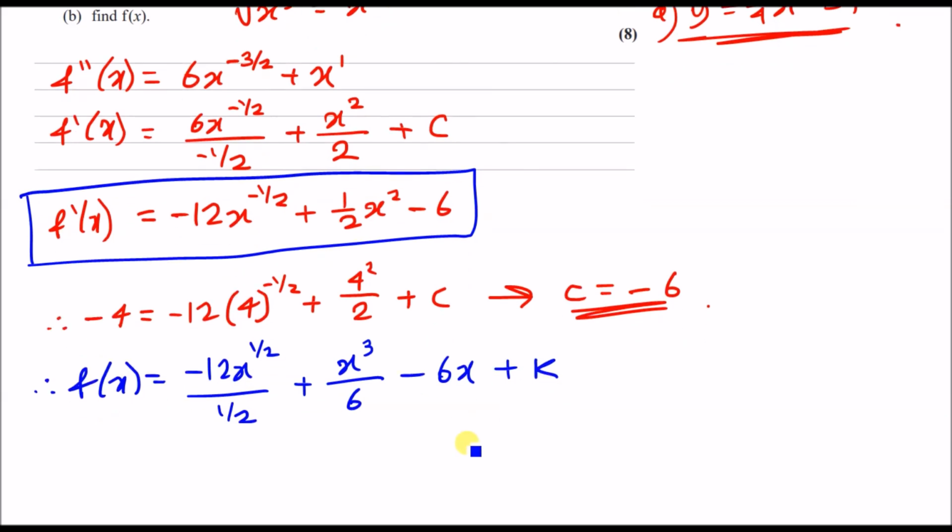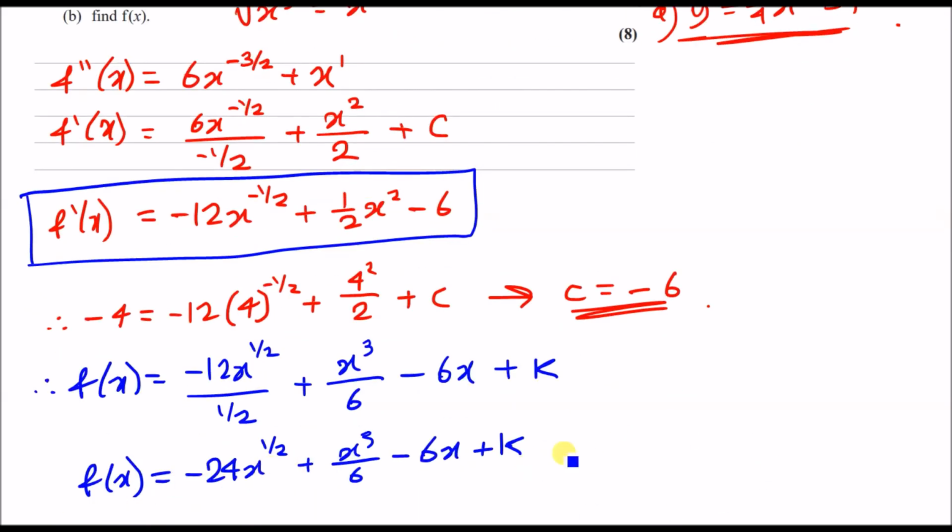And then therefore, okay, you could simplify this, which is probably better. So you're going to get, well, minus 12 over a half is minus 24x to the power of a half, plus, yep, just copy the rest, x cubed over 6 minus 6x plus k. And that's f x. Okay, now, all right, so now you want to find that value of k, right?